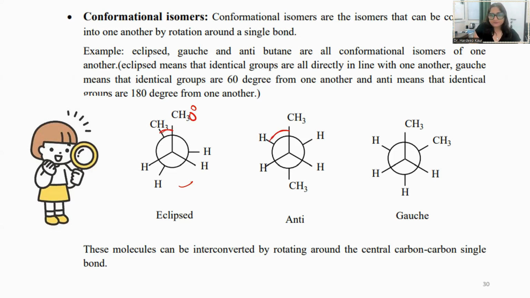In gauche, there is a 60 degree rotation. And in anti, they are just opposite, 180 degrees. In these molecules, this is one carbon and this is also one carbon. The cyclic compound is like this.